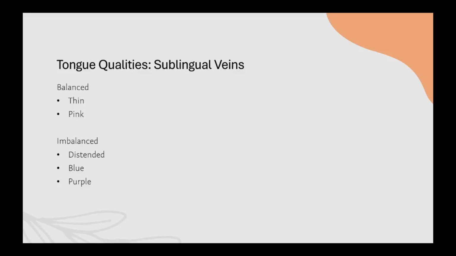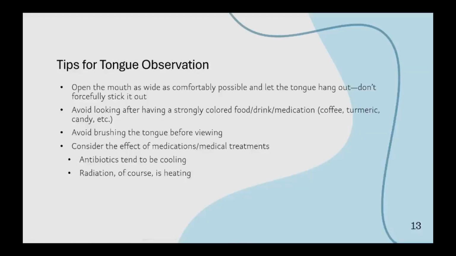There are veins on the left and right side. Sometimes one side is more swollen than the other. Sometimes there's just one spot that's really clumped. So just take a look at where the veins are distended, what side, and the color.